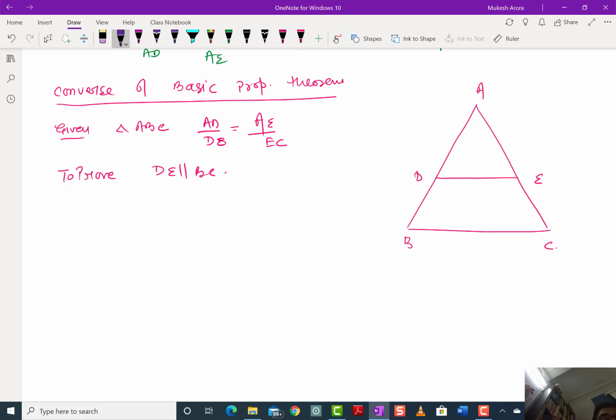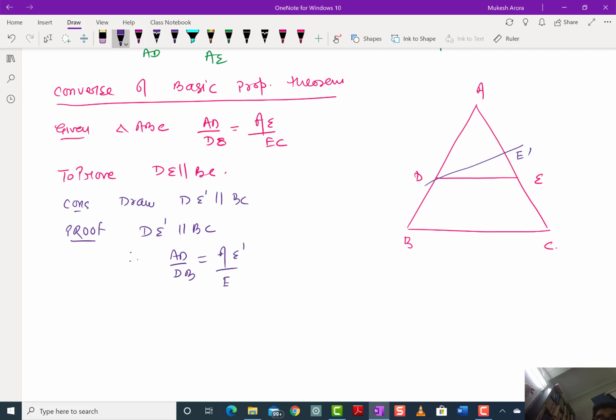So construction: draw DE dash parallel to BC. Proof: DE dash is parallel to BC. Therefore, AD upon DB will be equal to AE dash upon E dash C by the basic proportionality theorem. But AD upon DB is equal to AE upon EC, that is given.